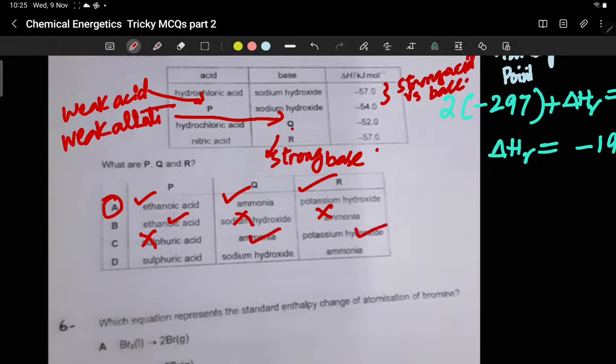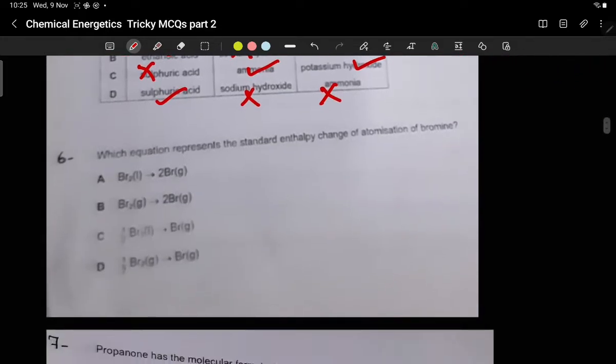Potassium hydroxide is a strong base, but one option, P, is incorrect, so this is also an incorrect option. Sulfuric acid is again strong, sodium hydroxide is a strong base, so it is incorrect. Ammonia is also incorrect. So option A is correct.